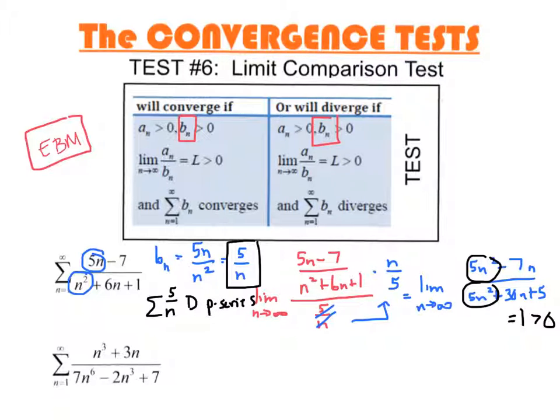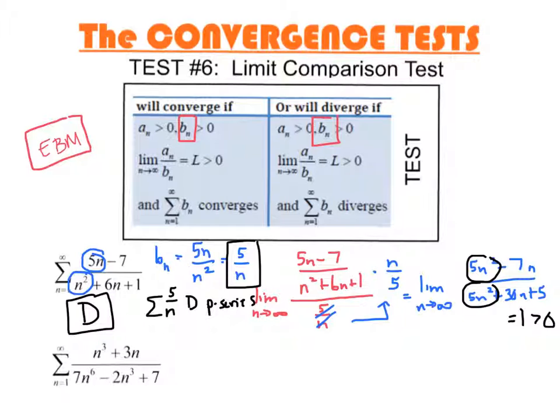Divergent because anytime it's something over n and the n isn't to a power greater than 1, it diverges. It would have to be n squared, n cubed, n to the 1.1. But this is a divergent P series. So our end behavior model diverges, and we got a limit greater than 0 when we did the quotient, so that must mean our original series also diverges by limit comparison test.